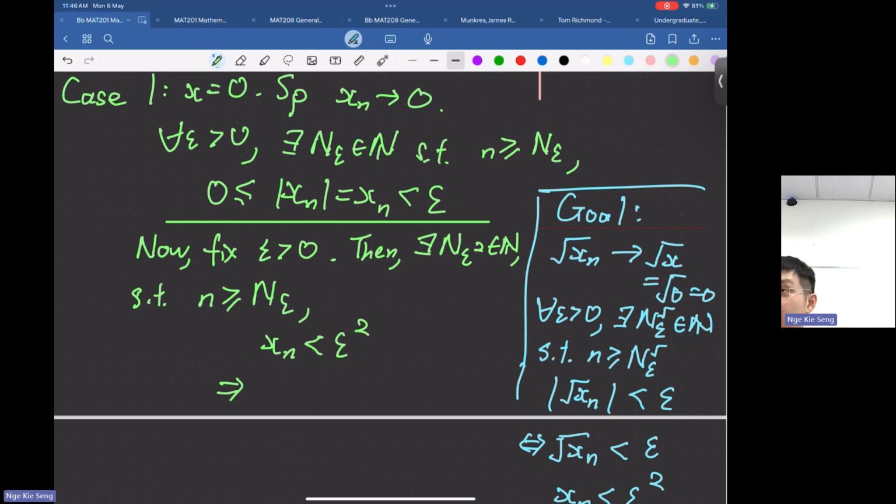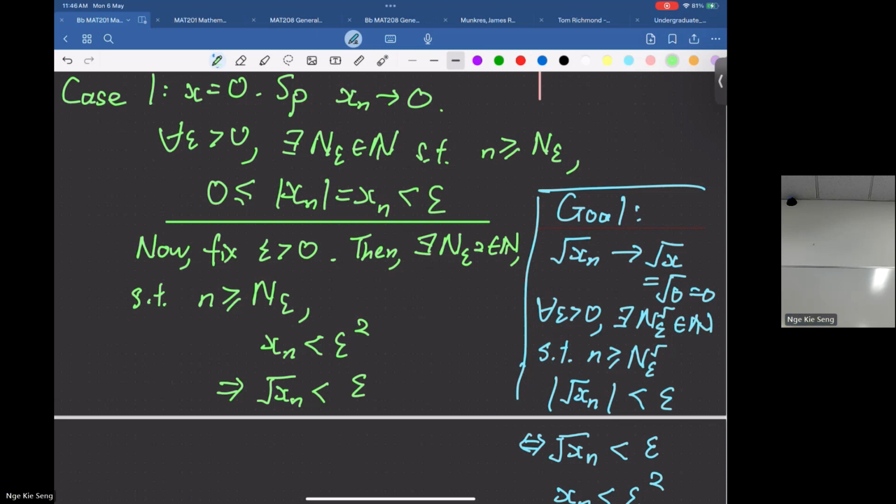But this implies that square root of x_n is also less than epsilon. So this is what we want. We reach our goal here.